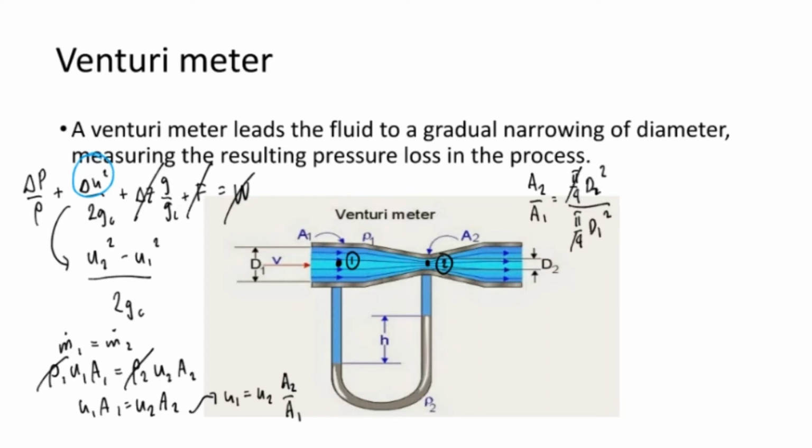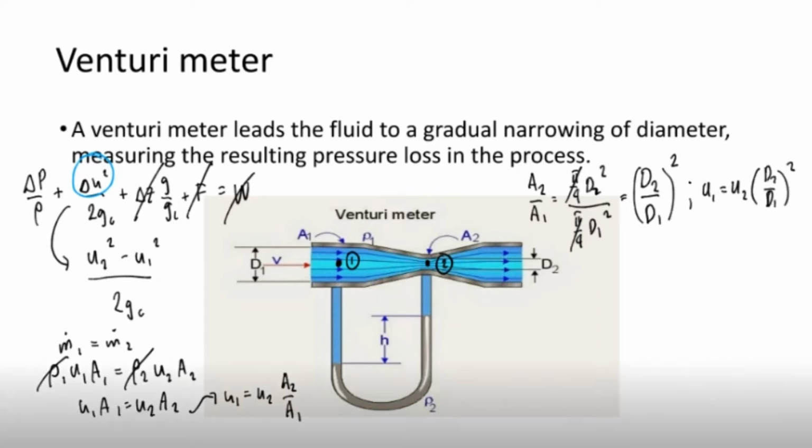We will be left with A2 over A1 is equal to d2 over d1 quantity squared. So we can write our expression U1 is equal to U2 times d2 over d1 squared. If we take the square of both sides of this equation, we get U1 squared is equal to U2 squared times d2 over d1 raised to the fourth power.